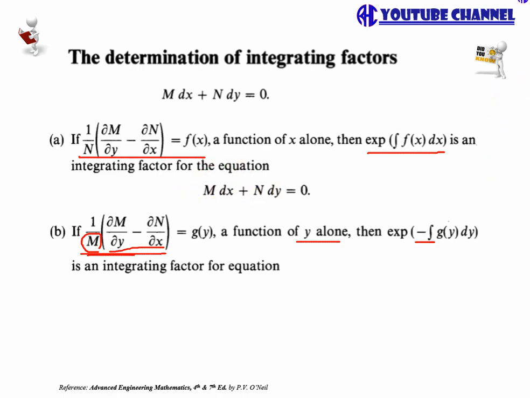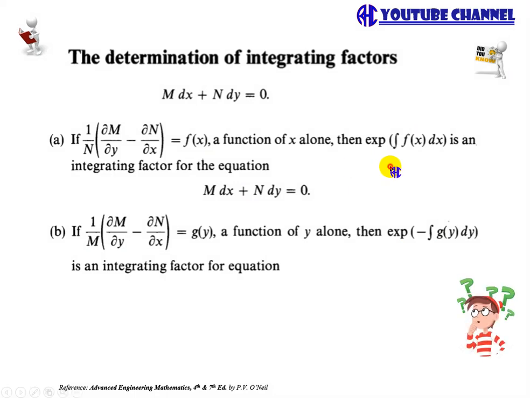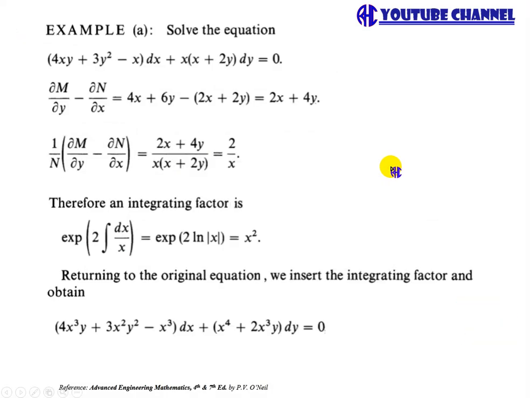So, para maintindihan pa natin ng maigi, mag-sample tayo. Okay. So, example A, solve the equation, the quantity 4xy plus 3y squared minus x times dx plus x times the quantity x plus 2y times dy is equals to 0.